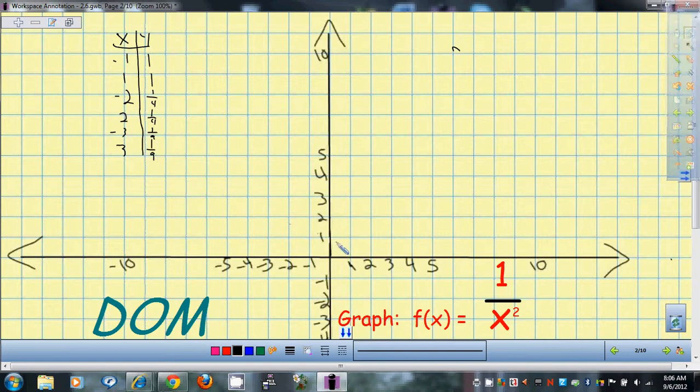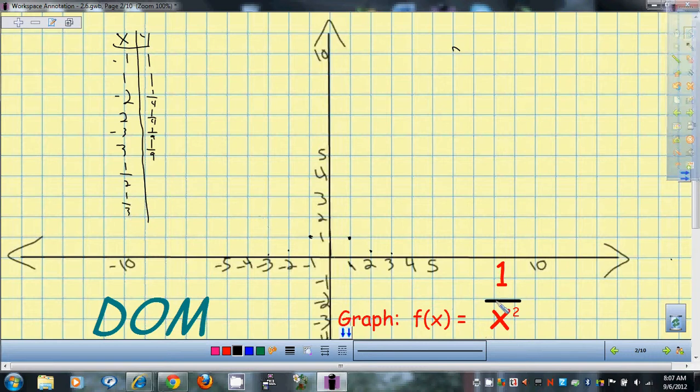So if you plot those, that's 1, 1, 2, 1/4, 3, 1/9. And the same thing over here. Well, what if we try smaller numbers, like 1/2? We can see it's going to be symmetrical, so I'll just do the positive. And 1/3.